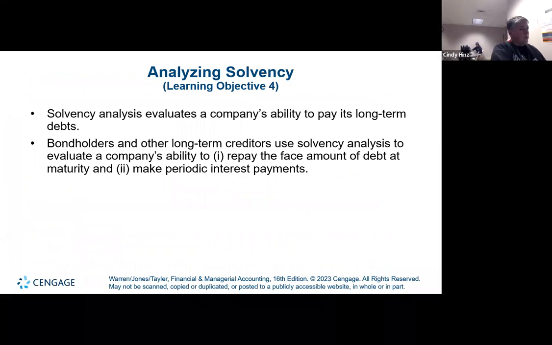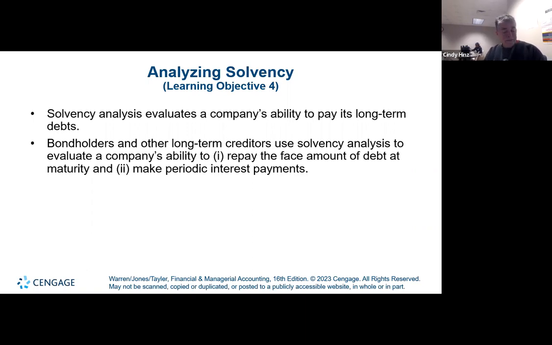So as we move on to our next learning objective, analyzing solvency. We talked about on Tuesday that we are typically looking at how a company is doing in a few different areas: liquidity, profitability. Now we're looking at solvency, sometimes referred to as long-term solvency, the ability to stay healthy, to pay their long-term debts.